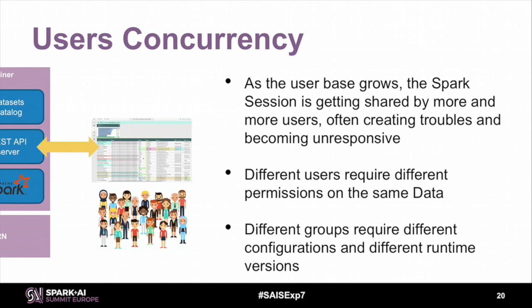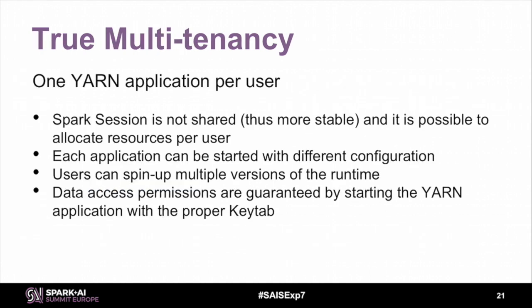This created some problems: first, performance problems, obviously resource contention problems, and the other requirement that we had was about the security model. Not every user needs to have access to the same data. So we said, how are we going to solve this issue?